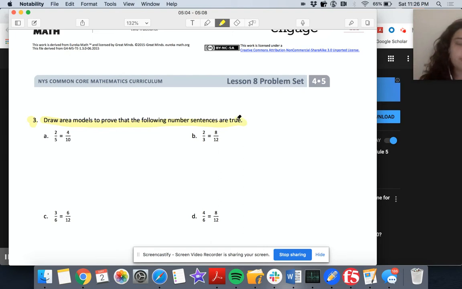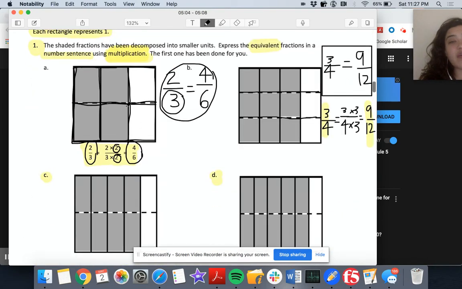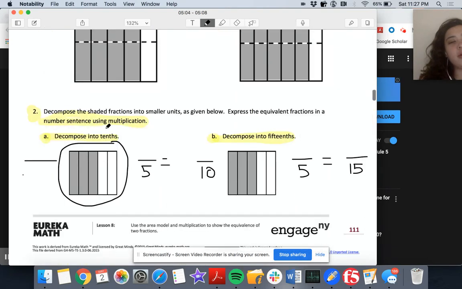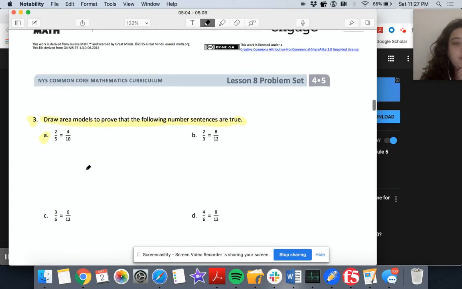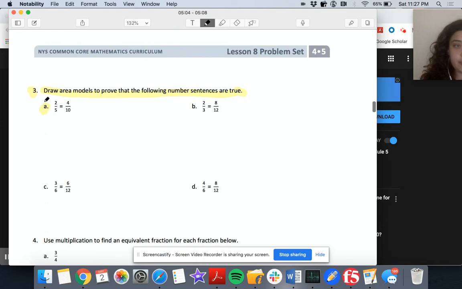Okay, simple enough. So essentially what they did is they took away this lovely area model, this lovely chocolate bar, and they're trying to push us to visualize this stuff without our chocolate bar. But I am going to use it just for the sake of easy visualizations for 3A.